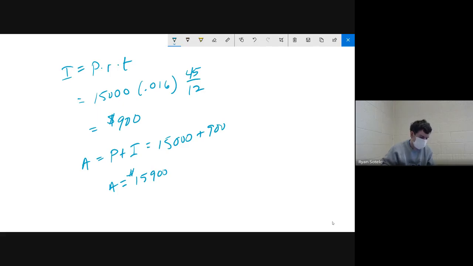So for 3, I would say scratch out the how much is in an account and say how much interest accrues. That's what I meant for it to say. One was supposed to be interest and one was supposed to be final amount.